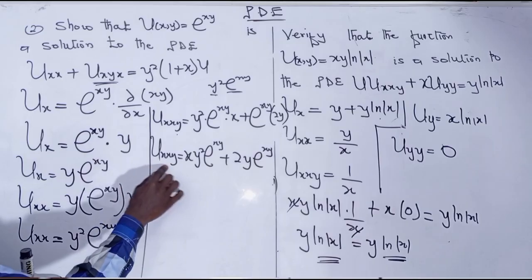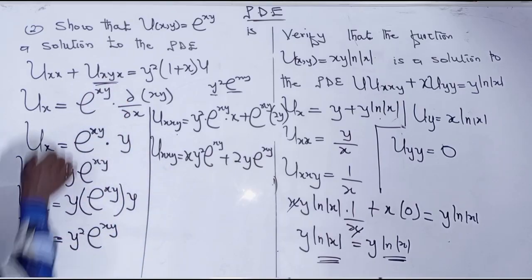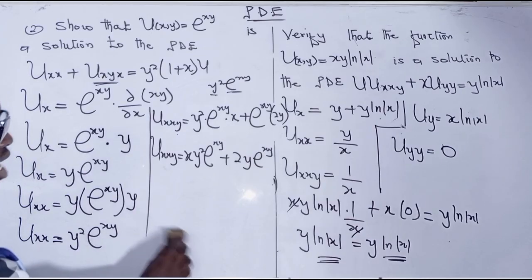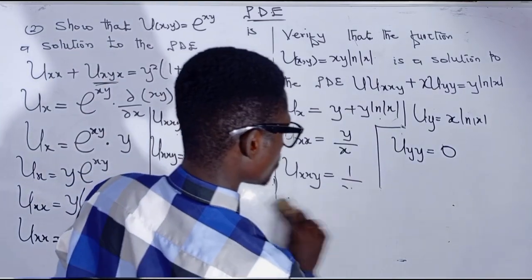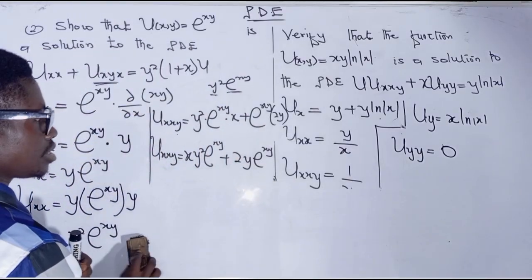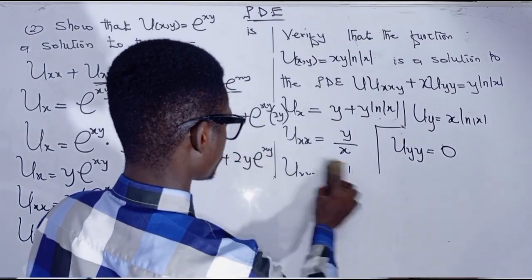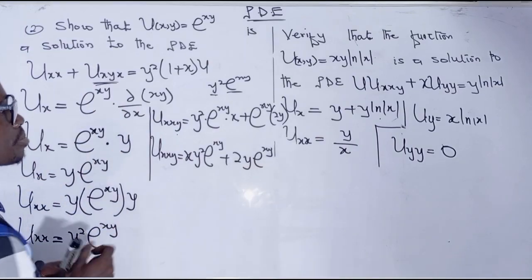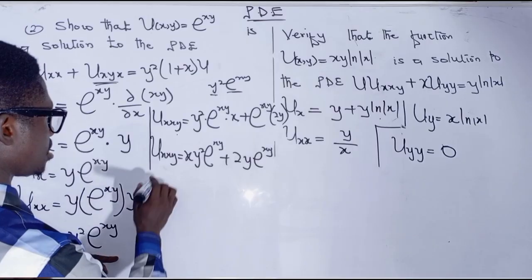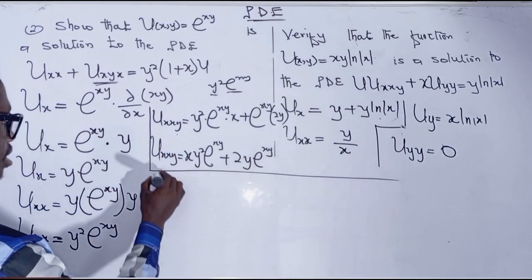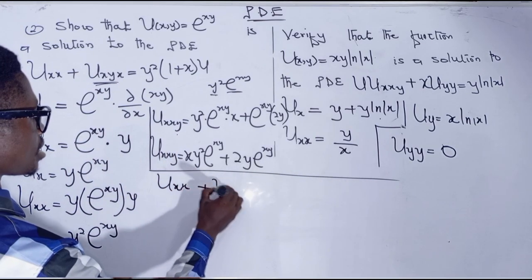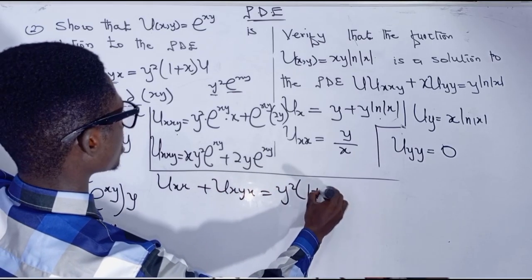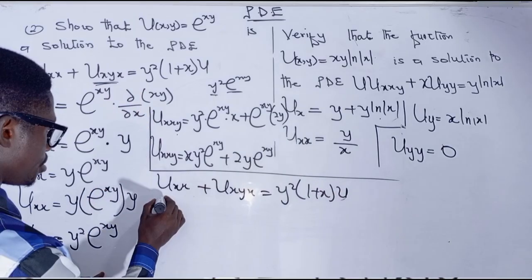Once we have this and this, we just substitute them into the PDE that was given, and then we are good to go. The PDE that was given is u_xx plus u_xyx is equal to y squared (1 plus x) multiplying u.